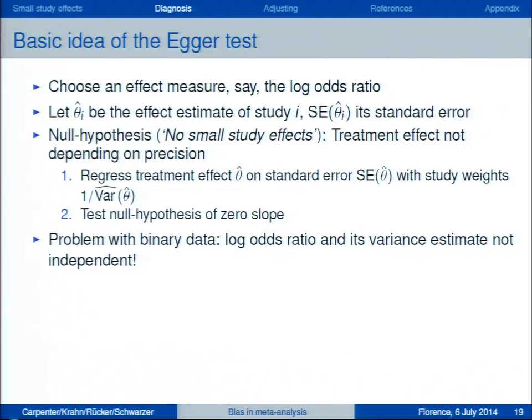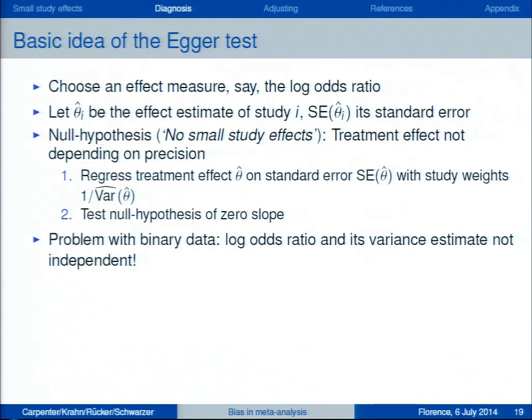The null hypothesis means the treatment effect does not depend on the precision, and the idea here is to regress the treatment effect theta hat on the standard error with study weights in the usual way, as inverse variance weights. So the same weights you use for the fixed effect model. And then to test the null hypothesis of a zero slope.